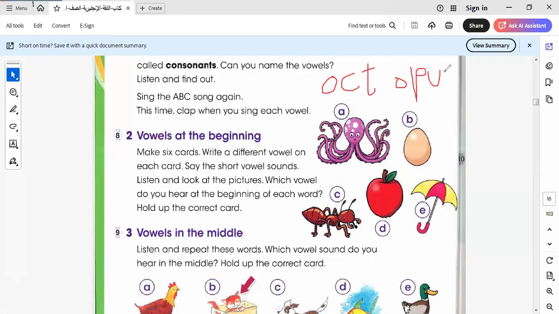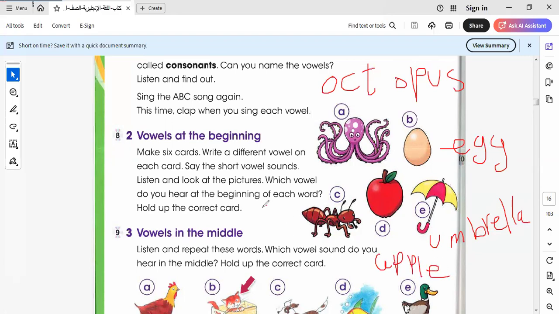Octopus. Here we say egg. Here we say umbrella, apple, and ant. We have here octopus, egg, umbrella, and apple. These are called vowel sounds.